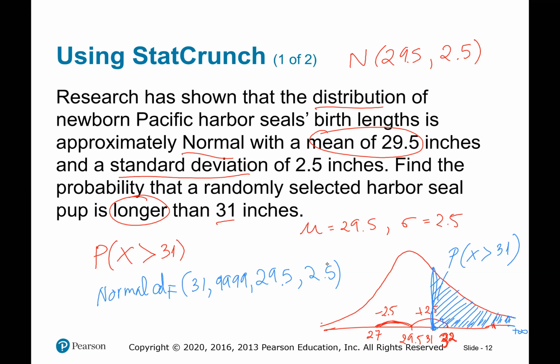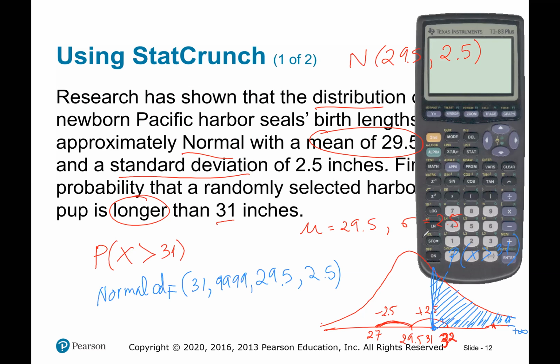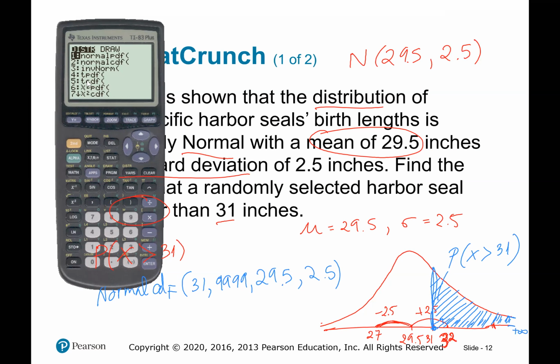And now let's check it with the calculator. So firstly, you click on second, and then distribution, and then number 2. Now you're gonna put 31, which is the lower bound. You comma 9999, you comma the mean, which is 29.5, and then you comma the standard deviation, 2.5, and close parenthesis, enter.